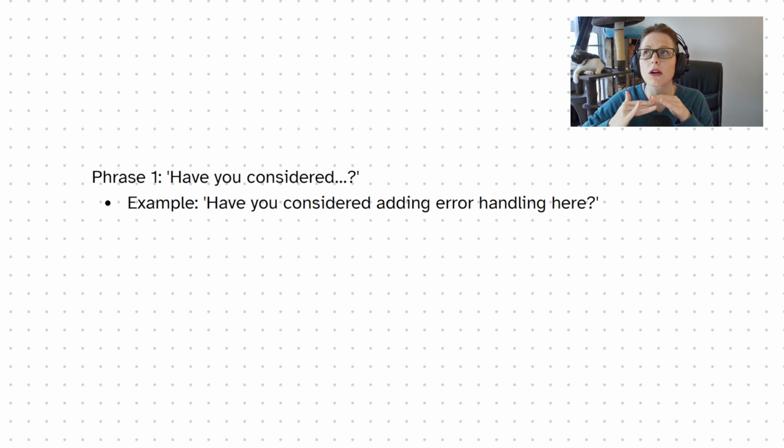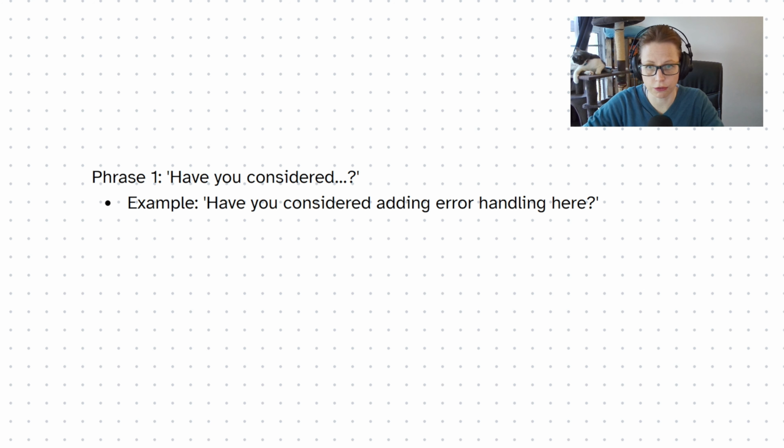Please understand there are a lot more ways to give feedback. Today I just want to focus on three phrases, and hopefully in the next week, you actually practice using these three phrases. I don't want to overload you with too much information.